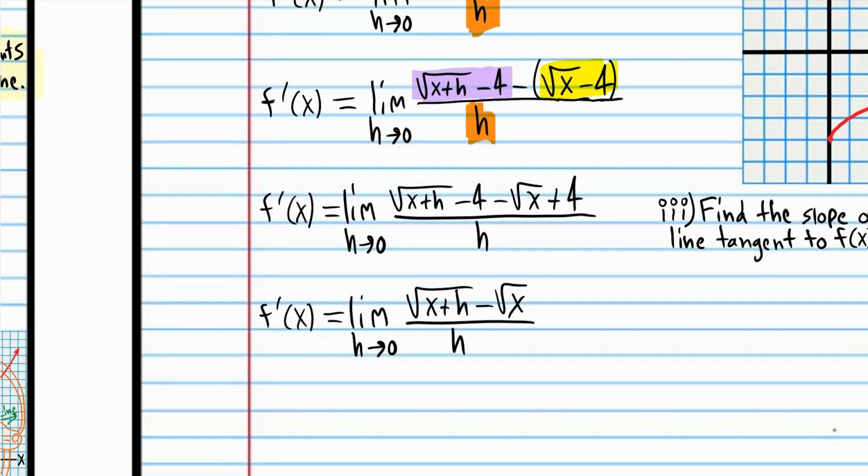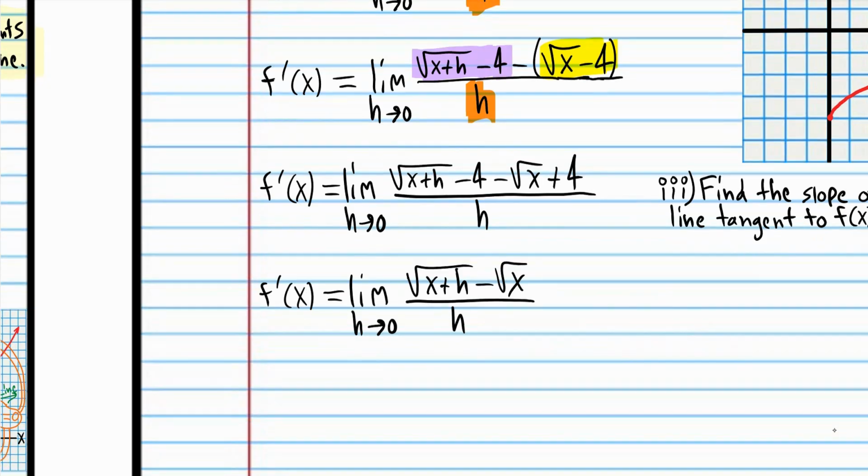Now, if we let h be 0, because that's what we want, then we get root x minus root x over 0, which is 0 divided by 0. So we can't do that. Obviously, we have to use some special algebra tricks.